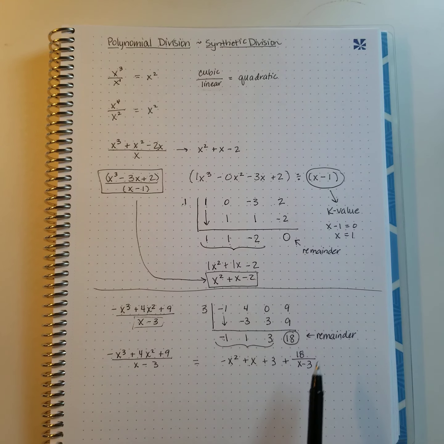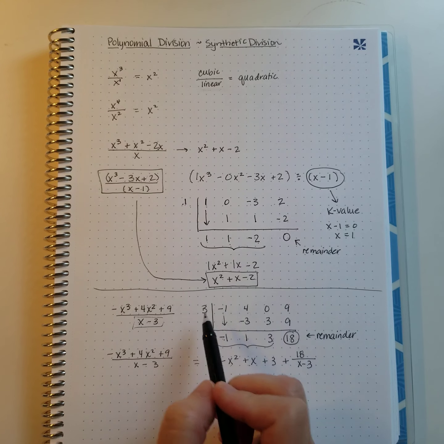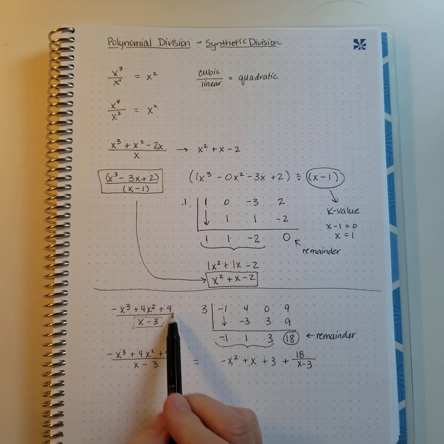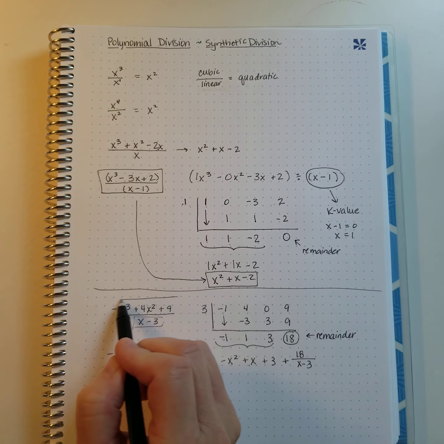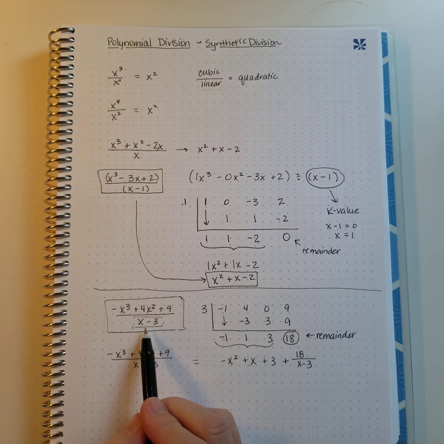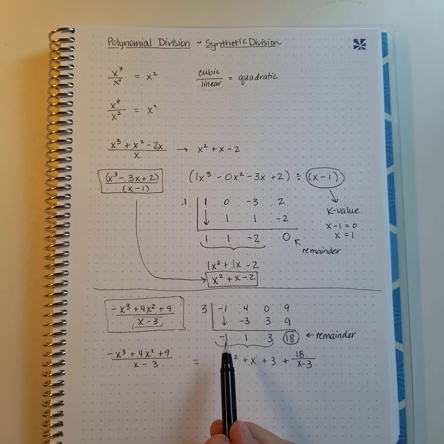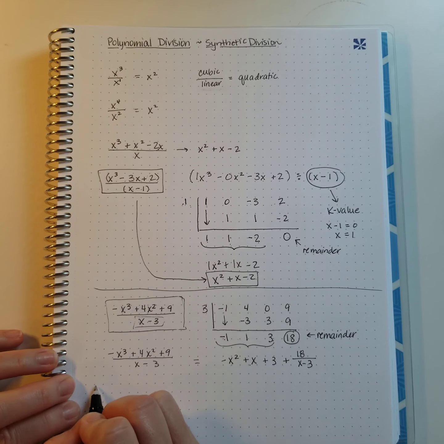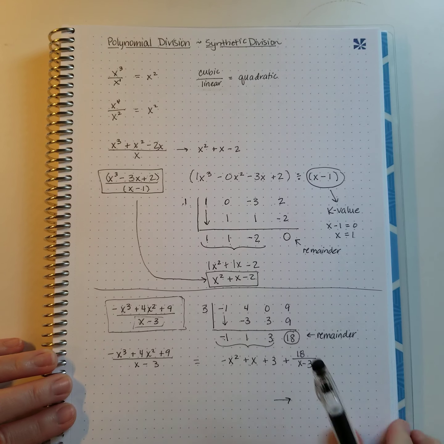If we were to take this problem and say evaluate the polynomial when x is 3, this remainder can help us find that value. So that's a lot of talk. Let me show you what I mean. Next page.